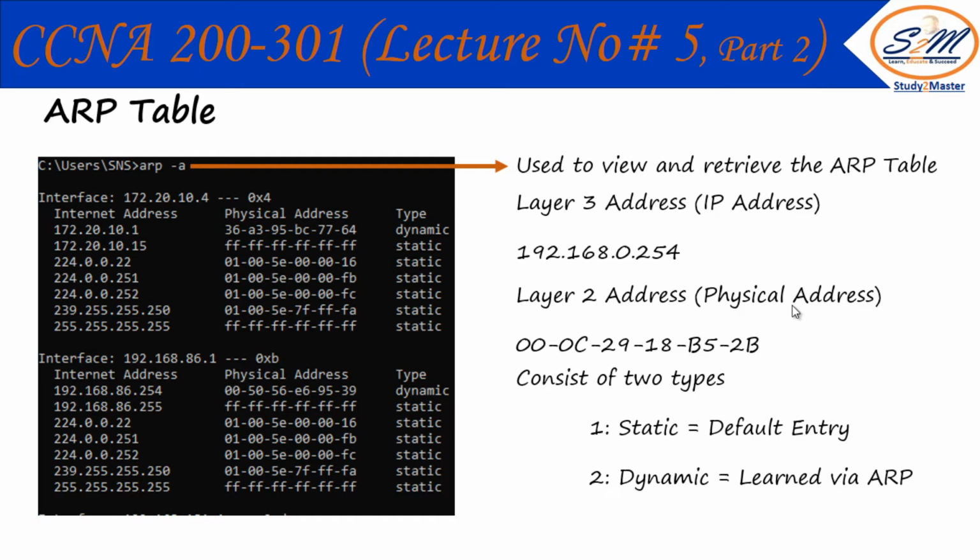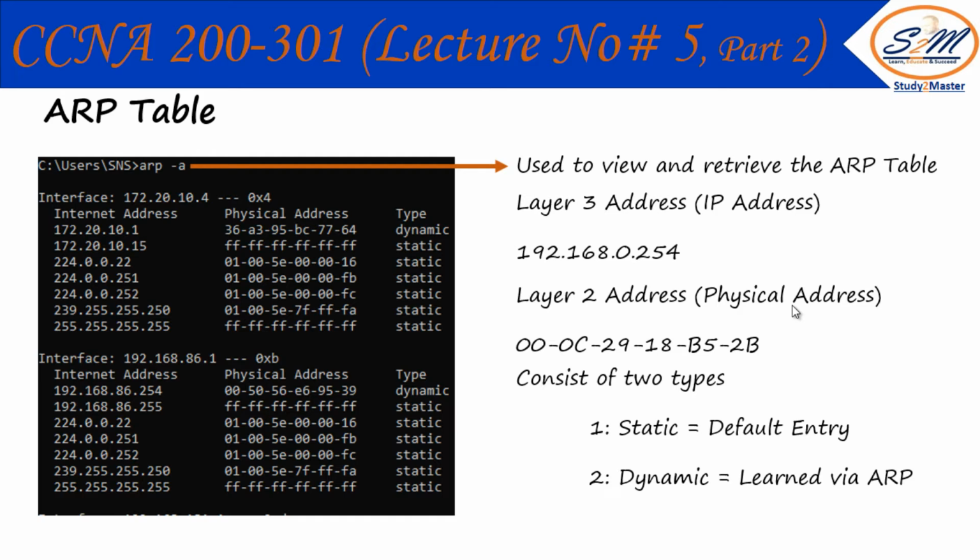The layer 2 address is the MAC address or physical address, 00-0C-29-80-B5-24. MAC address is based on hexadecimal, I mean the MAC address is designed with a number system whose base is 16. But the IP address, or IPv4 address, is based on decimal numbers.